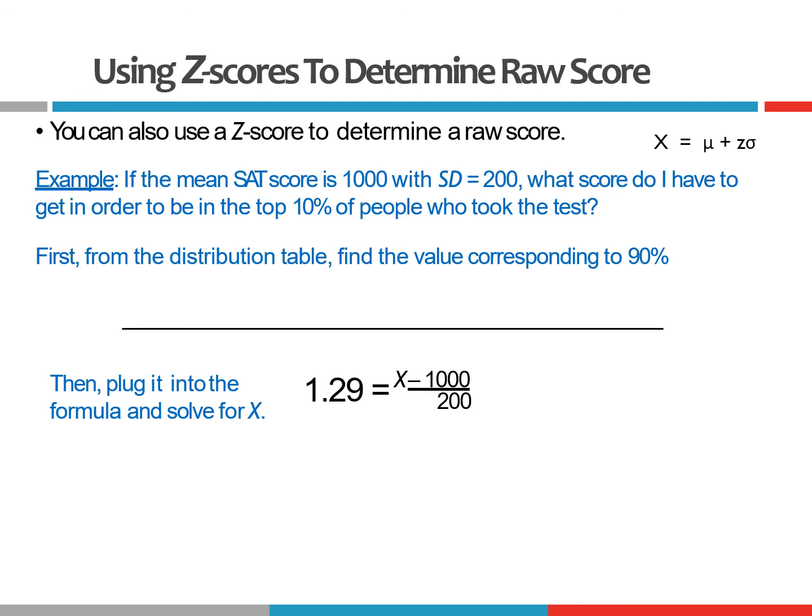And lastly, one thing you can do is convert z-scores to determine a raw score. So when might you want to do that? Well, in this example, if the mean SAT score is 1,000 with a standard deviation of 200, you might wonder, what score do I have to get in order to be in the top 10% of people who took the test?